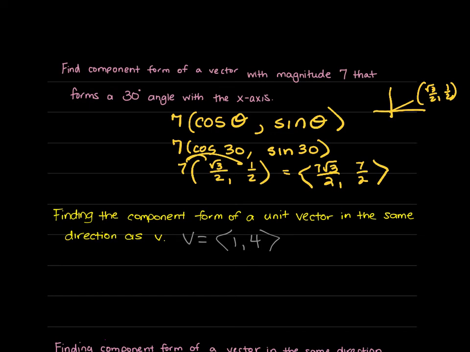So there's no I because it's not an I. Correct. If it asks for it in IJ form, then I would just add in the I and the J. So it'd be 7√3/2 I plus 7/2 J. That would be the only difference. Yeah. That's if it asks for an IJ format.